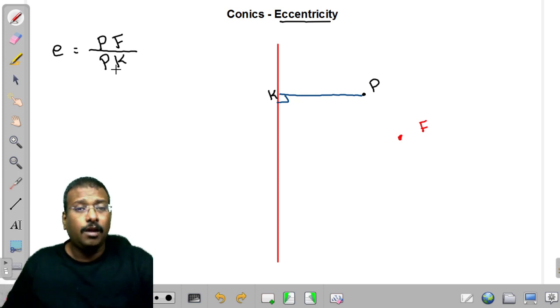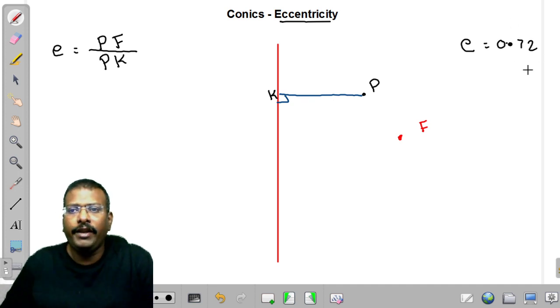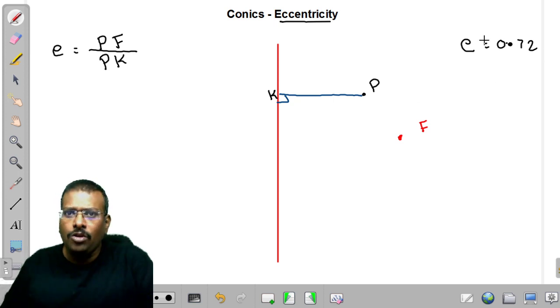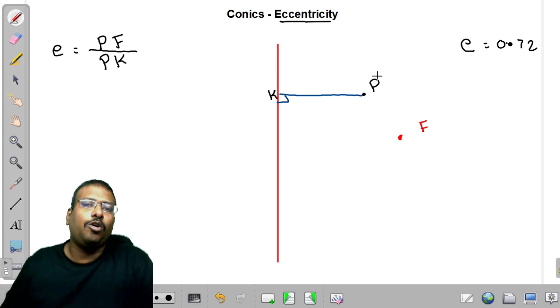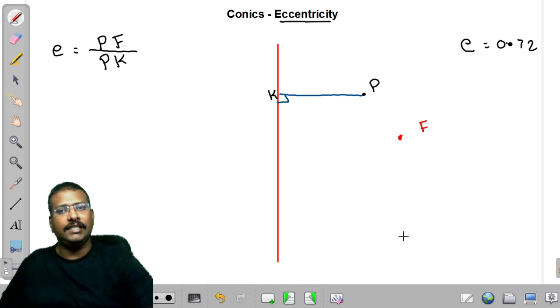It is good, but what is a conic, sir? For example, let us consider in this situation we got an E value of 0.72, that is, PF by PK is 0.72. Now tell me, is this value satisfied by only one point, or will a few more points in the plane also have the same eccentricity value?